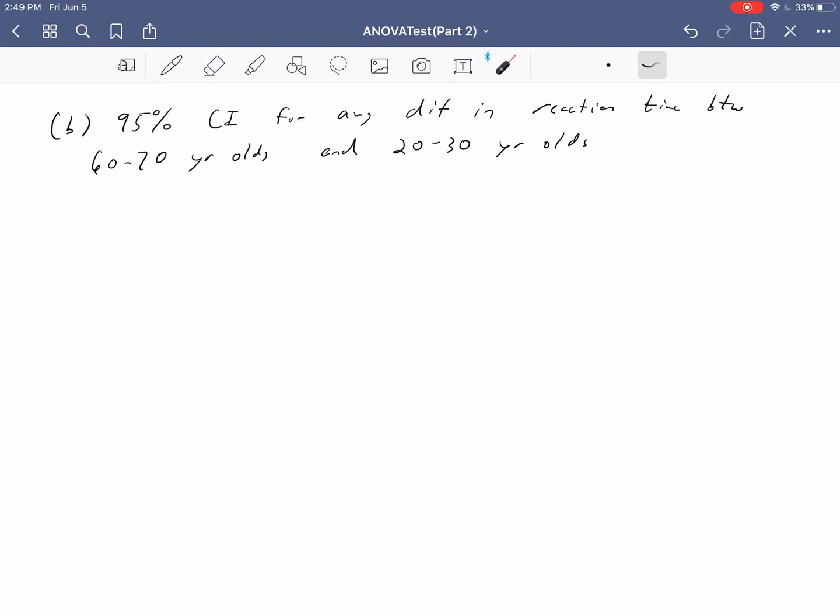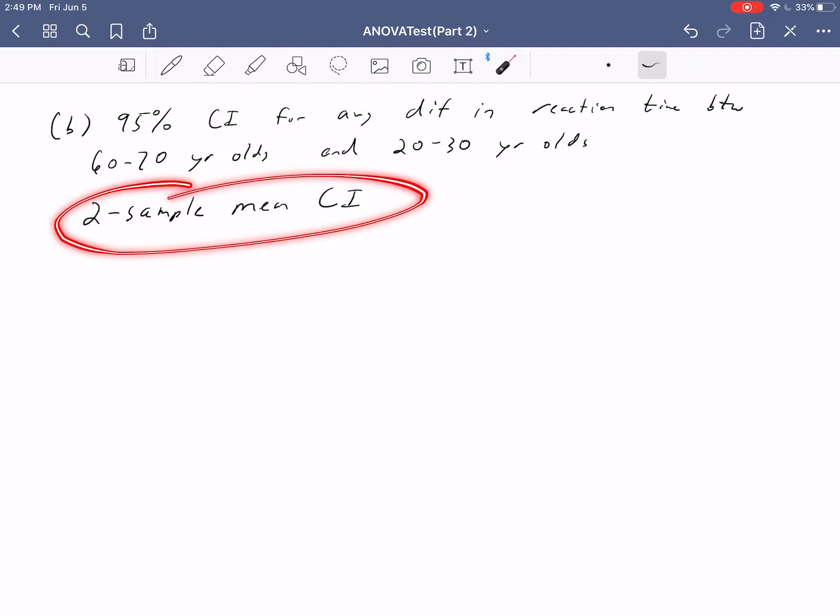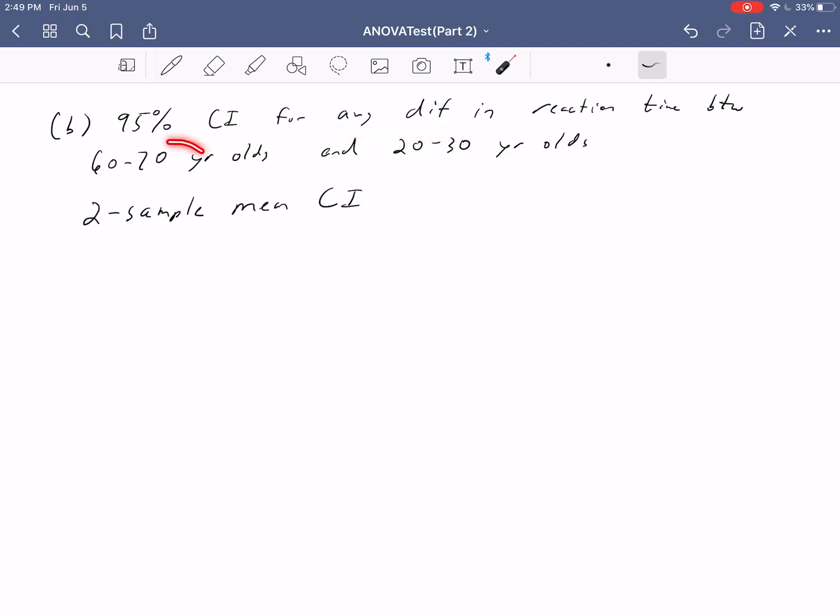That means a one-sample mean confidence interval, a two-sample mean confidence interval, or a matched pairs. Clearly, this is not matched pairs data. There was nothing about test 1, test 2. And clearly, it is not one sample because we're talking about the average difference. So this is going to be a two-sample mean confidence interval. That's exactly why we developed that two-sample mean confidence interval. It was for estimating the average difference between two different populations.